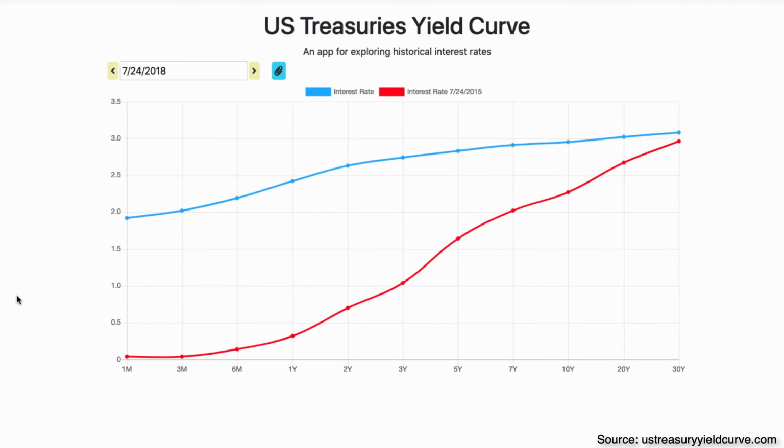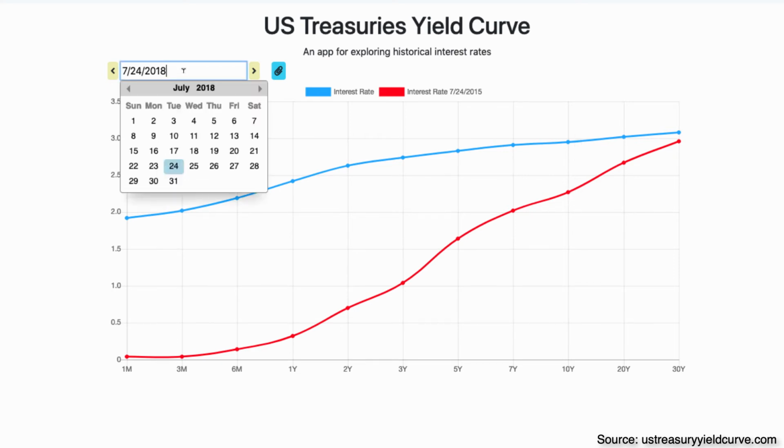In 2018, they were raising rates, so they pushed up the short-term end of the yield curve. And the longer-term maturities, they moved, but not quite as much.